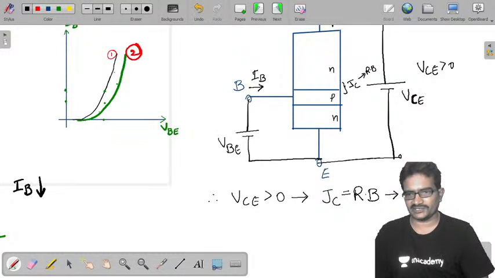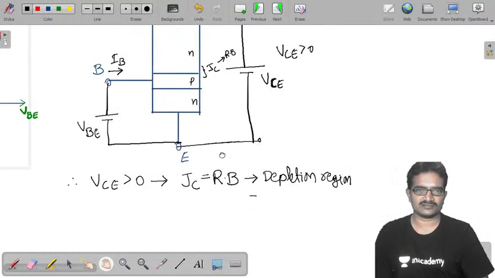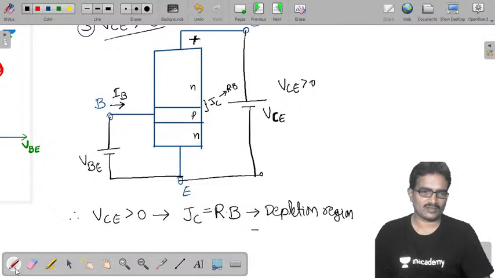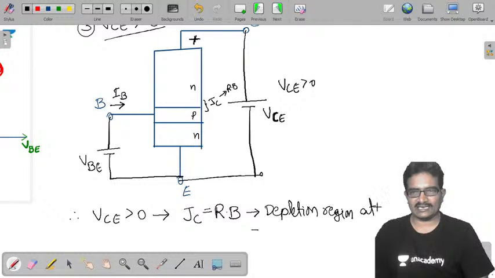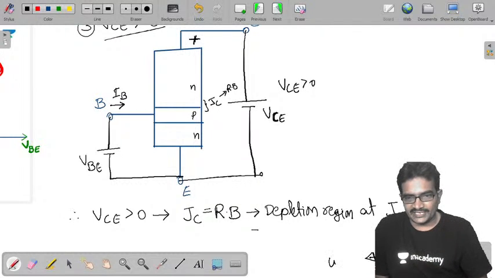So the depletion region at collector junction JC increases. It results, once the depletion region width at the collector junction increases, the effective base width is going to decrease.